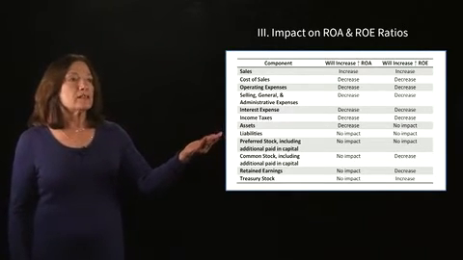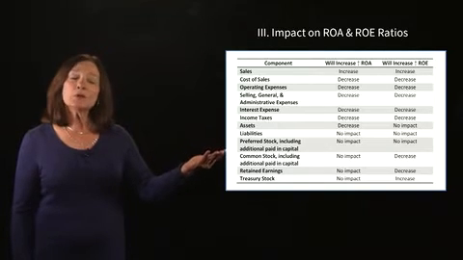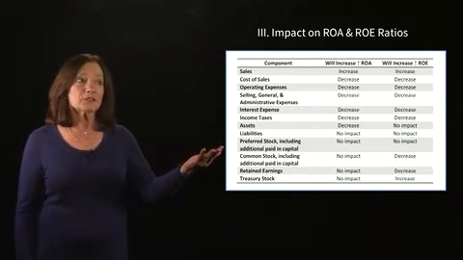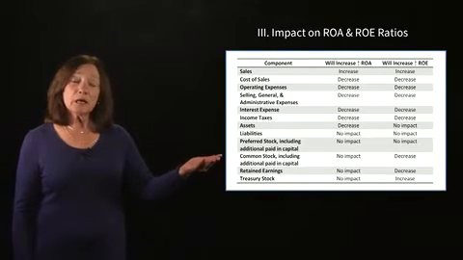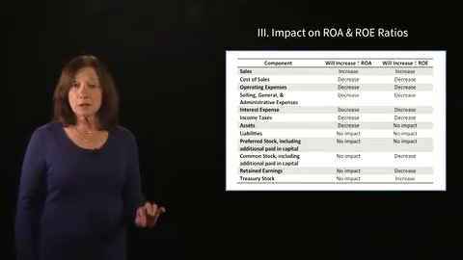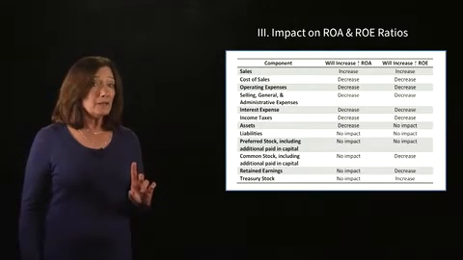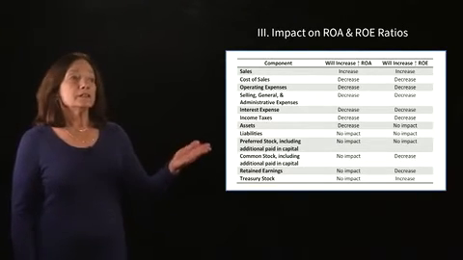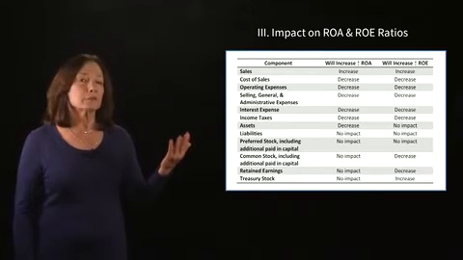We also see that there's no impact from liabilities and no impact from our preferred stock. But when we move down to the common stock, there is no impact due to a change in the common stock on our ROA, but a decrease in common stock will serve to increase the return on equity.